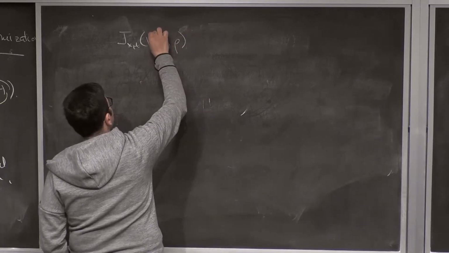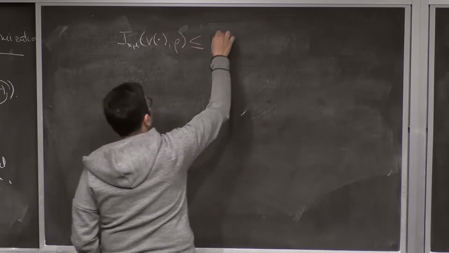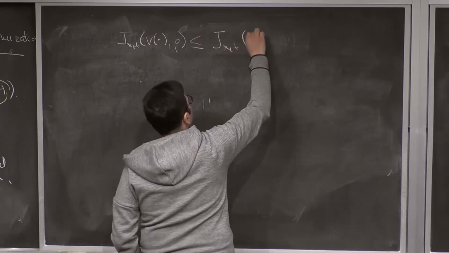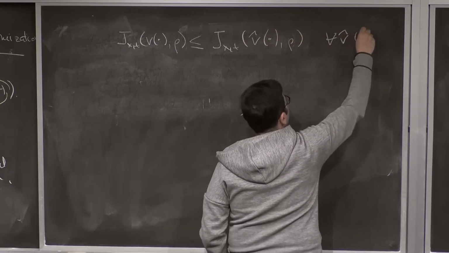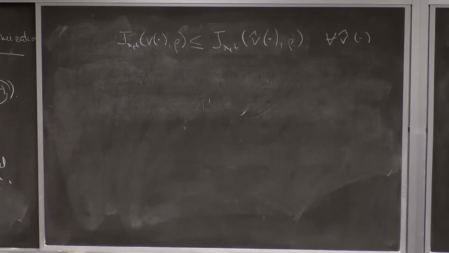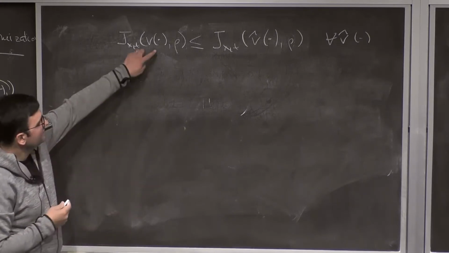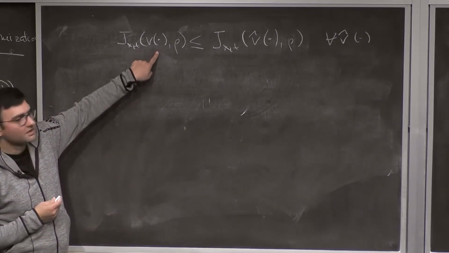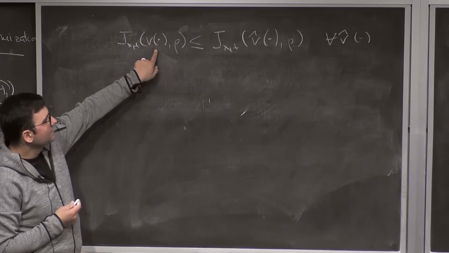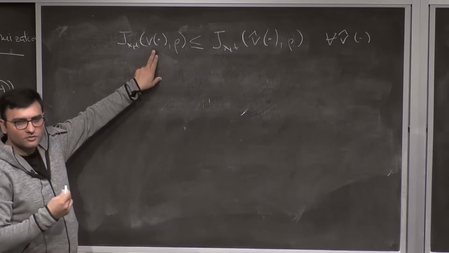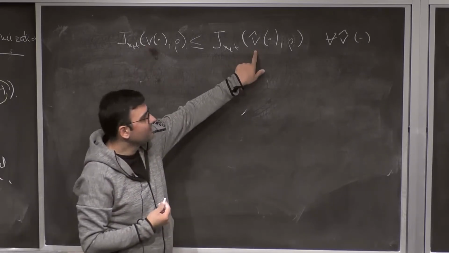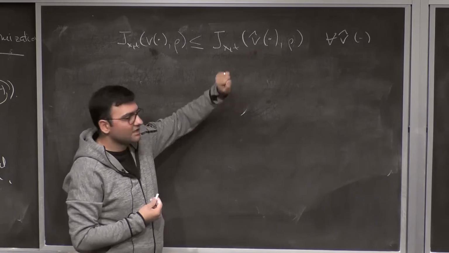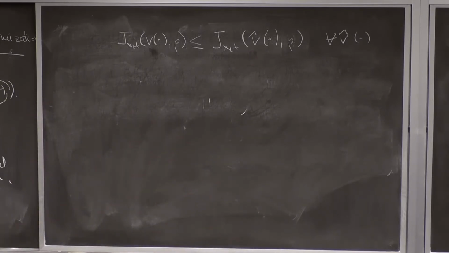So the optimal actions V is a Nash equilibrium. So the strategy of player V is a Nash equilibrium if it cannot do better unilaterally, which means that if I change V by V hat, then it's worse off. Okay?